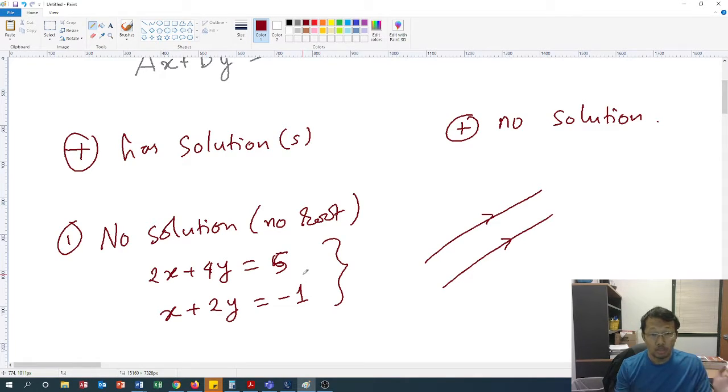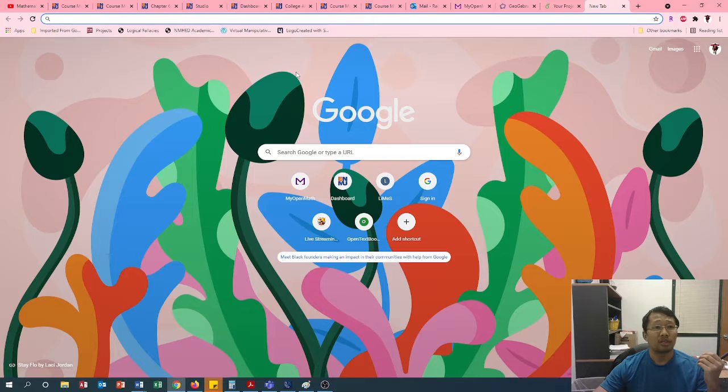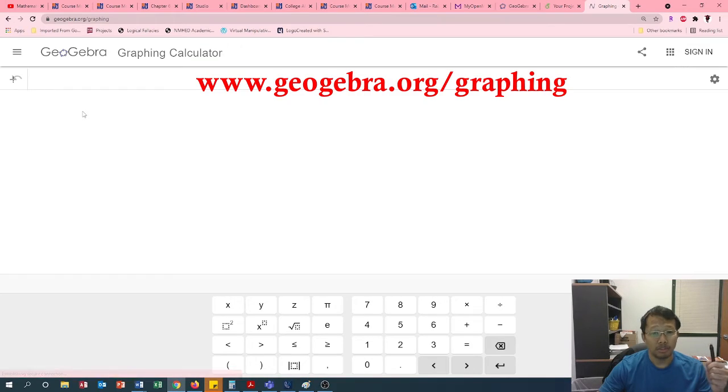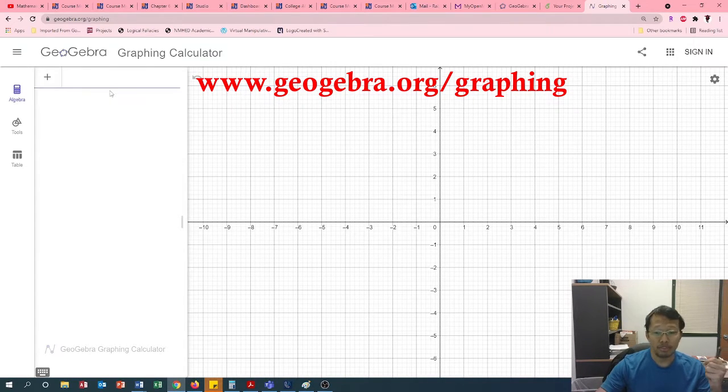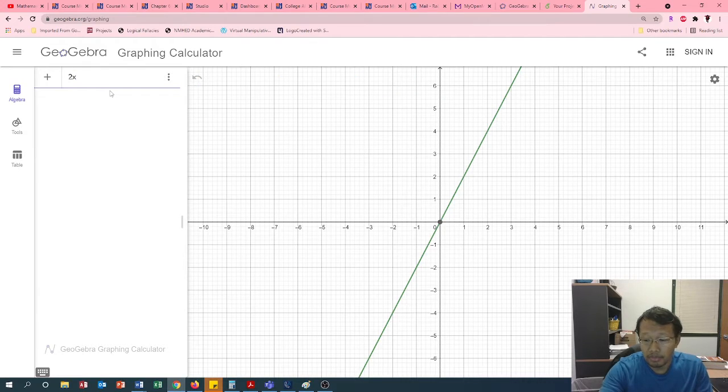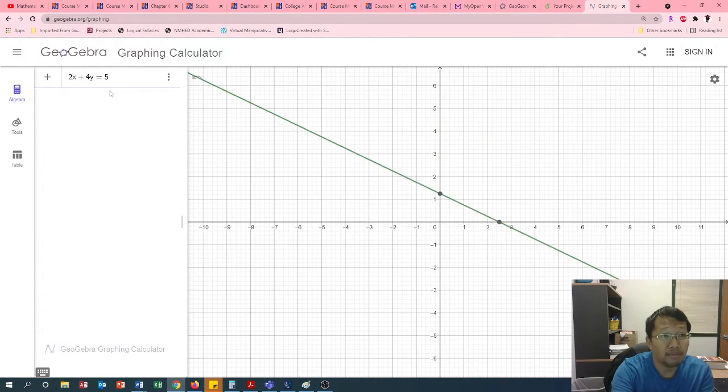So no solution. Now you might want to head over to this website geogebra.org and start to write those two equations. The first one was 2x plus 4y equals 5, right? And the next one was x plus 2y equals -1.